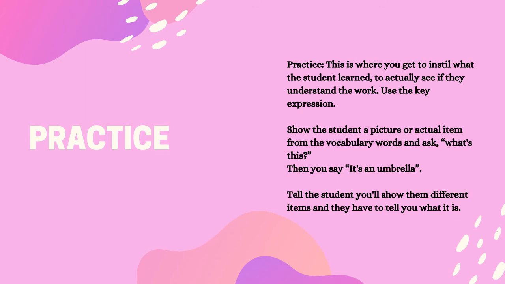It's very important to use TPR without actually having to say to the student, "Tell me what this is." You'll just ask the key expression, "What's this?" And the simple sentence that the student has to use to reply is, "It's an umbrella." Right. So already the two objectives are being fulfilled in this lesson.